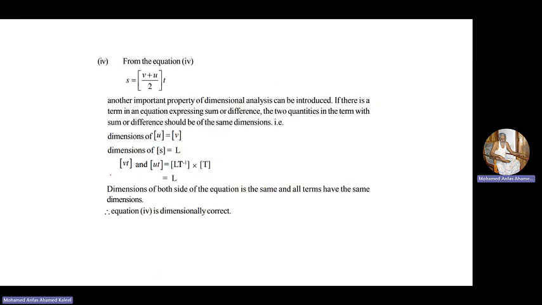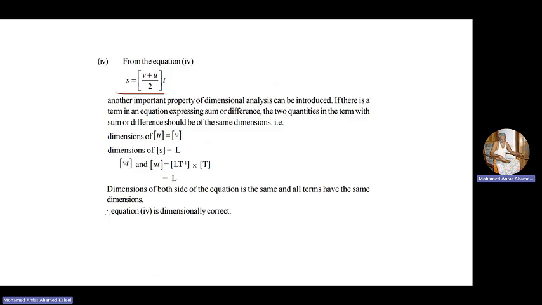Similarly, we will check equation 4: S is equal to (V plus U) over 2 into T. Here (V plus U) over 2 is the average velocity. So another important property of dimensional analysis can be introduced.